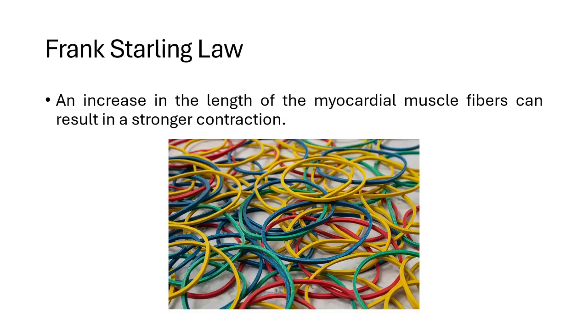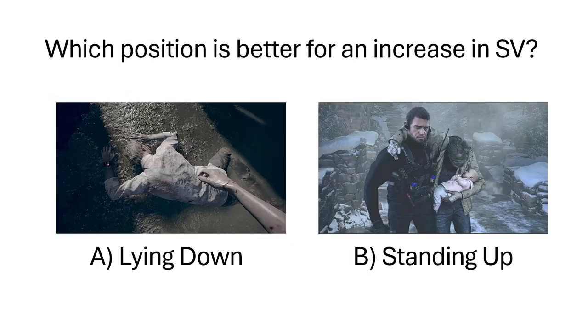Let's answer this question. Which position do you think is better for an increase in stroke volume? Again, as I mentioned earlier, stroke volume is the amount of blood pumped by the heart with each contraction. So, which do you think? Would it be higher in lying down or standing up?